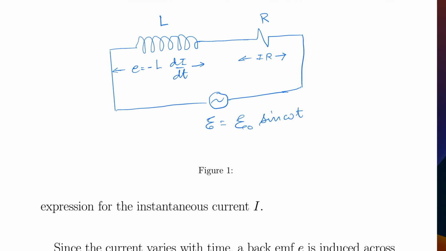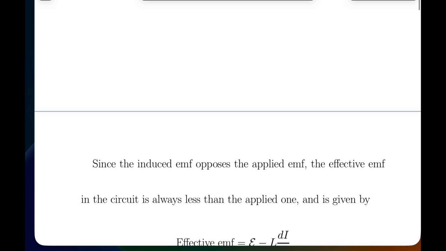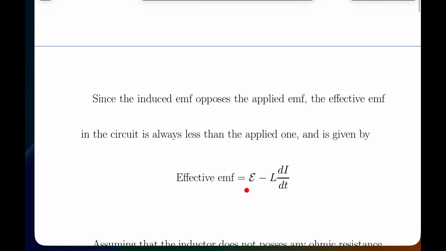That there is the production of a back EMF across an inductor when an alternating current passes through it has been discussed in an earlier lecture. The effective EMF in the circuit is equal to E minus L di upon dt. E is the applied EMF and this is the back EMF produced across the ends of the inductor.